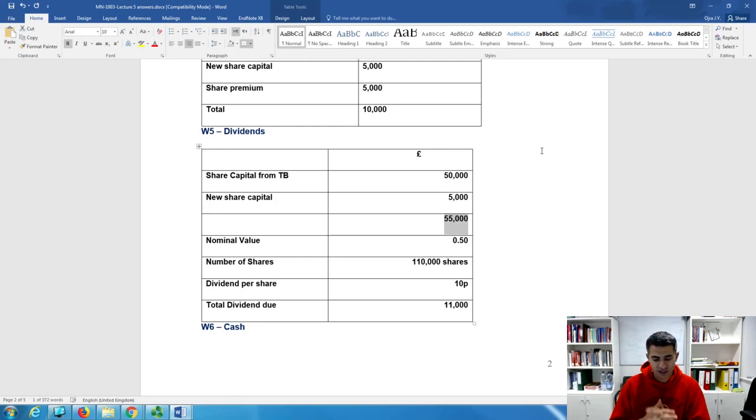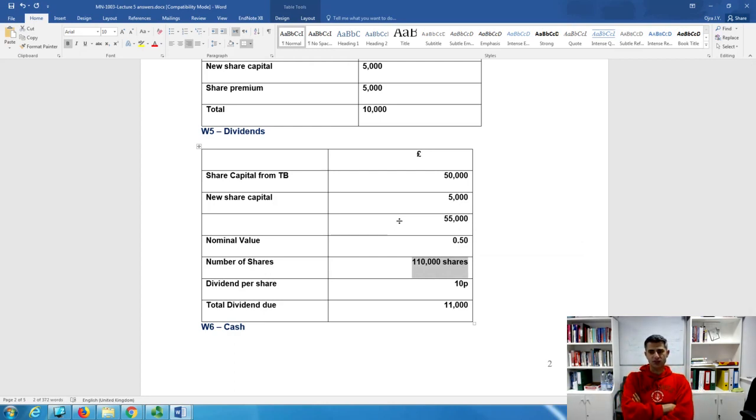Very simple, you just divide it by the nominal value, which is 50 pence. £55,000 divided by 50 pence gives 110,000 shares.